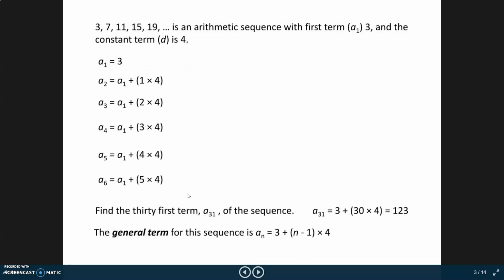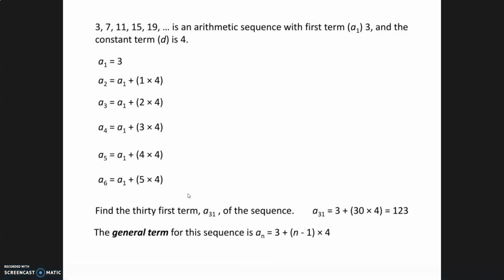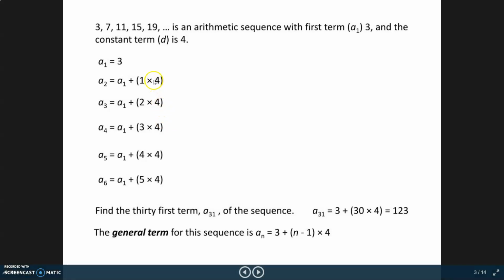Okay, so here we see a little bit of repetition of that first sequence we saw, where you're constructing every term in our sequence. A1 is listed, A2, A3, A4, A5, A6. You're all adding a certain number of those common differences to your first term. So A2, you start with your first term and you add your difference one time.